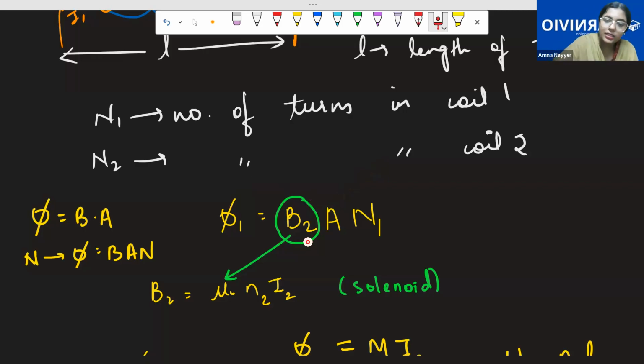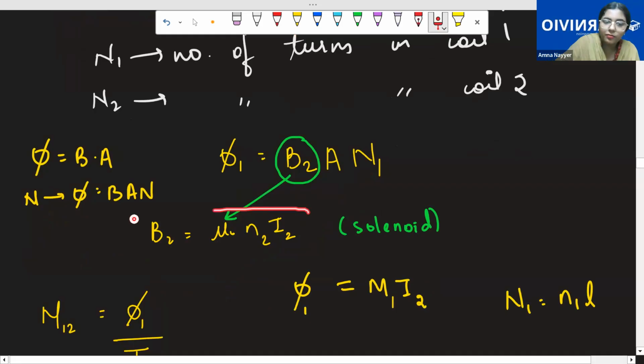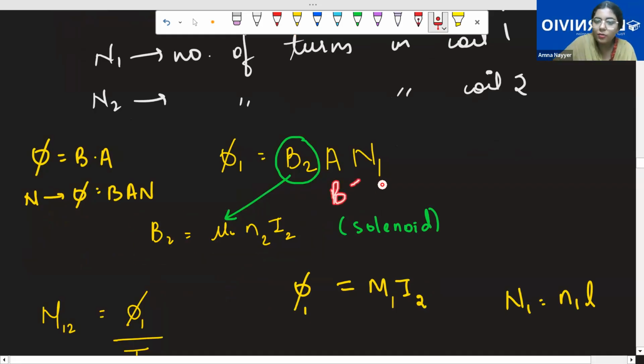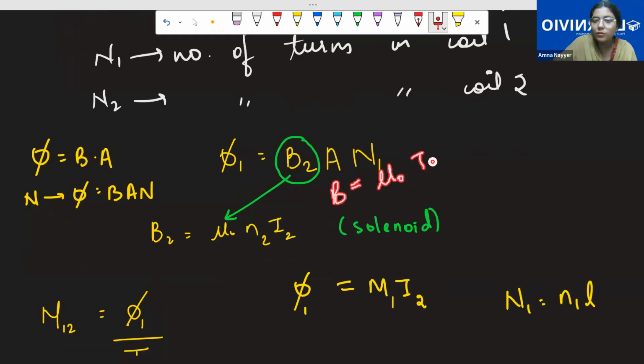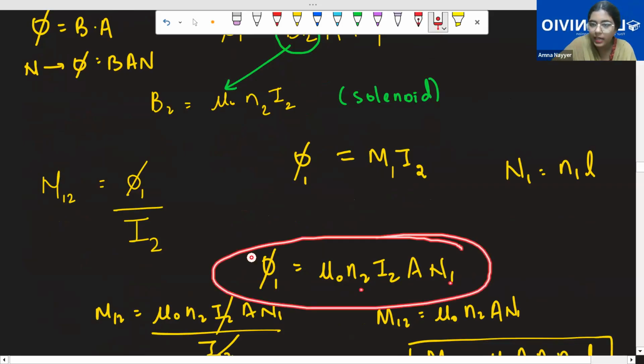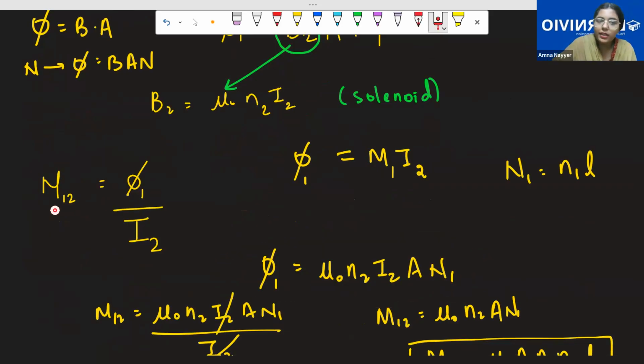Now for the second coil, you can write down the formula B is equal to mu naught N I. This is from the general formula of a solenoid, that is B is equal to mu naught N into I. If you use this formula and you multiply them, the whole value of the flux will be mu naught N2 I2 A into N1. This whole thing will come. Now we already know M12. Now pay attention to this.